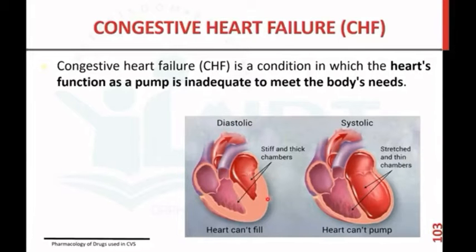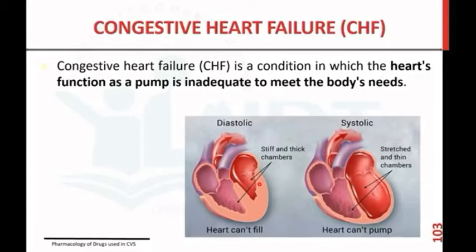And the third type is increased impedance to ventricular outflow. In that the first one is valvular defects, second is hypertension, systemic or pulmonary hypertension, and third is congenital heart diseases.